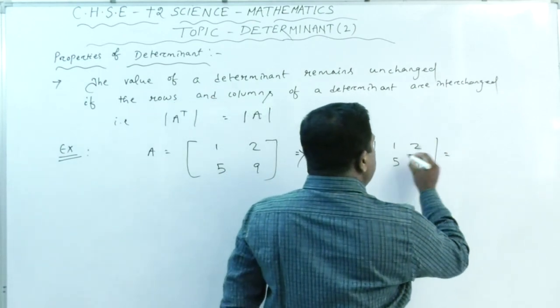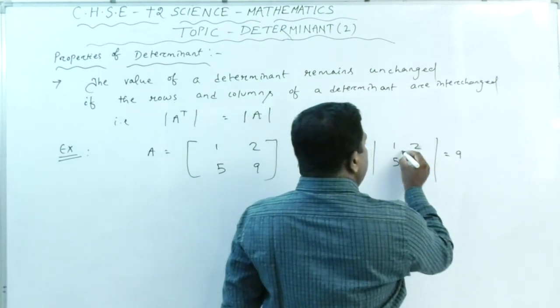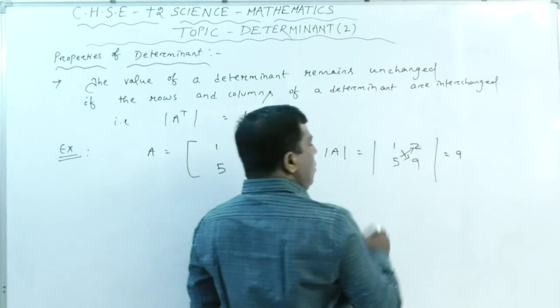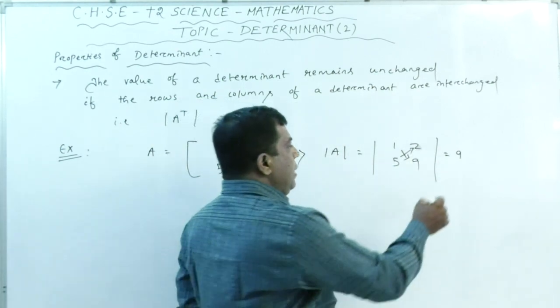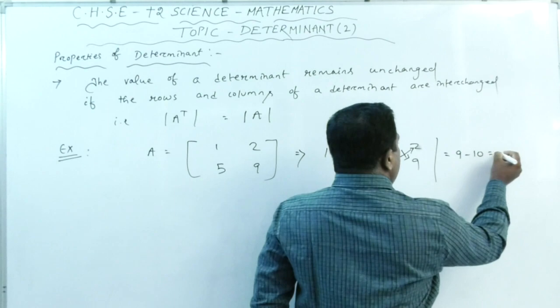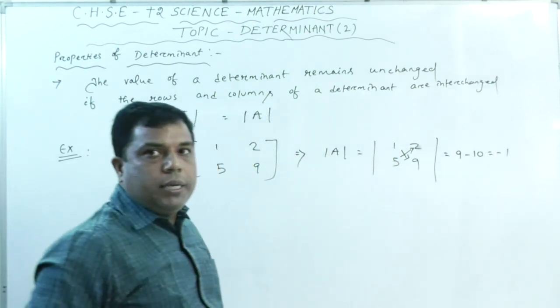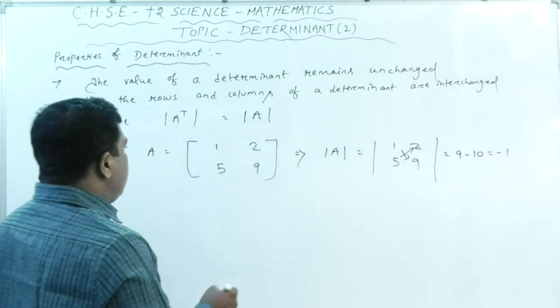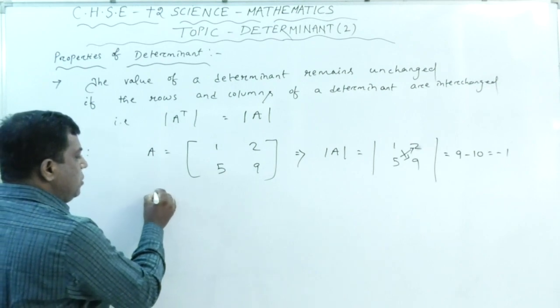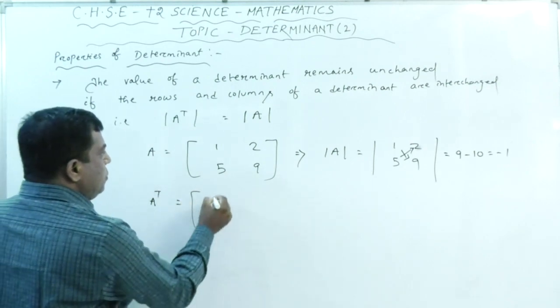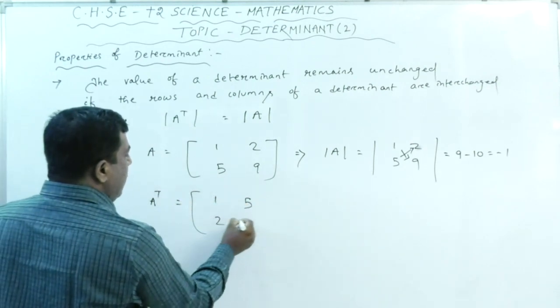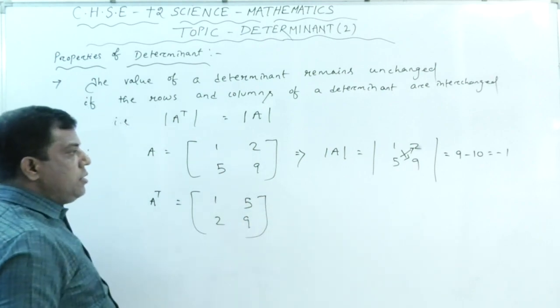If I evaluate it, I get 9 minus 10, that is minus 1. Now let us find its transpose. The transpose is 1 5 2 9, the rows and the columns are interchanged.